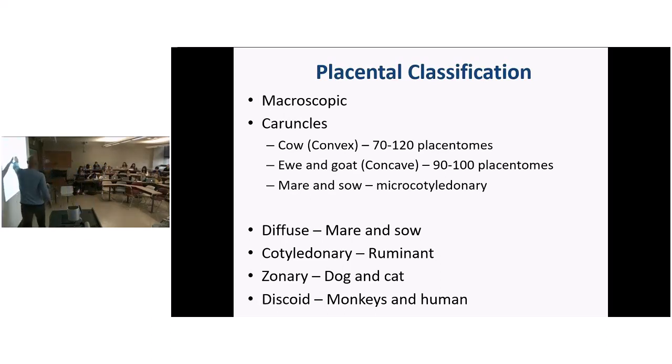Again, why is it important that you know there are 70 to 100 placentomes and so on? Yes, we have somewhat of an average among breeds and species of the shape, the weight, and the number of cotyledons or placentomes.